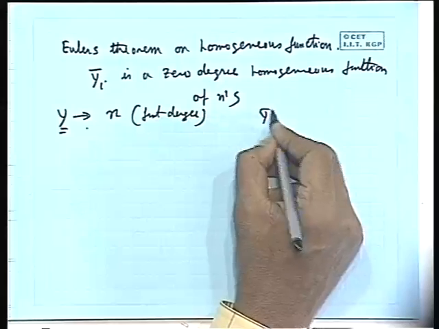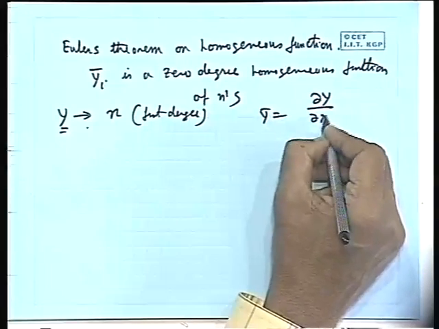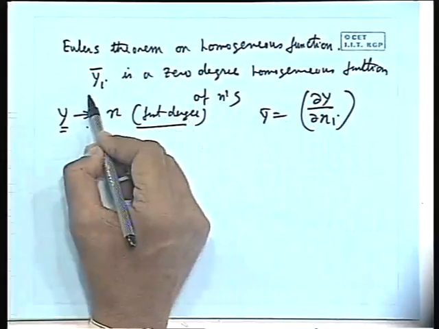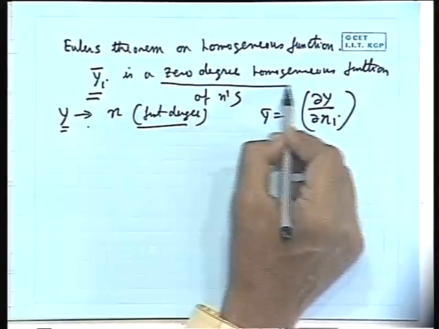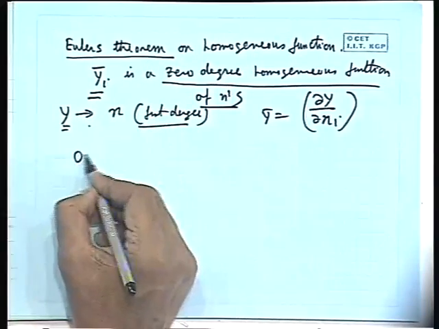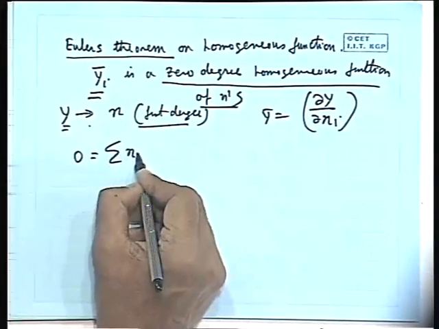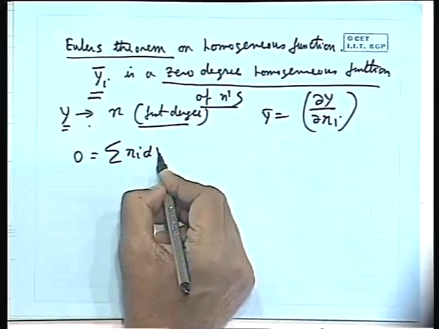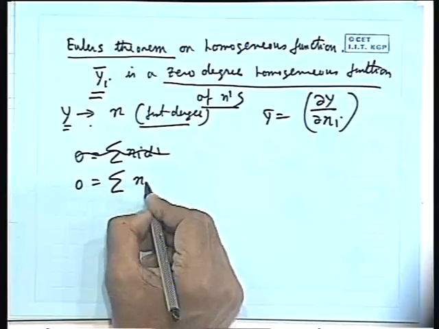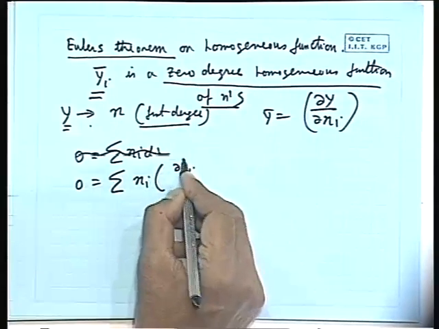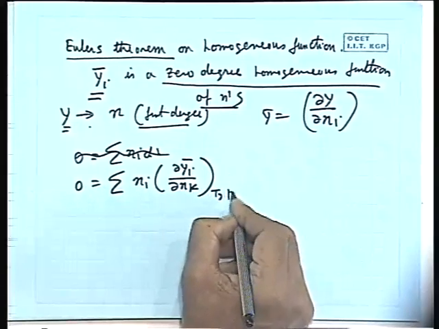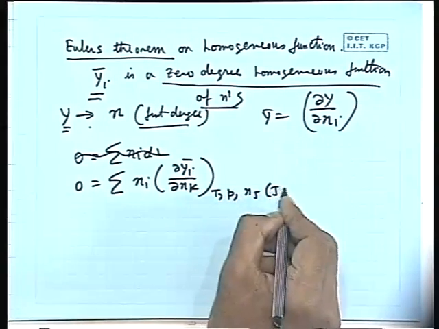So Y bar is del Y del n for any particular component. From the dimension we see that if it is first degree, the differential is 0 degree. Therefore, the partial molar property is a 0 degree homogeneous function of n. So if we put in Euler's theorem, we get 0 is equal to sigma Ni del Y bar del Nk at T, P and Nj, j not equal to k.